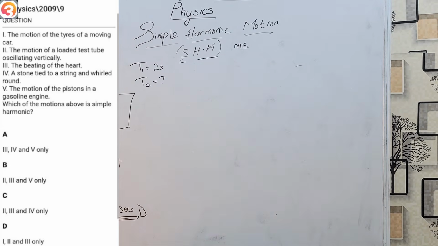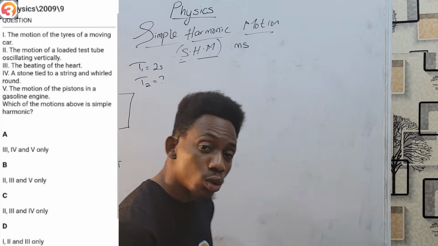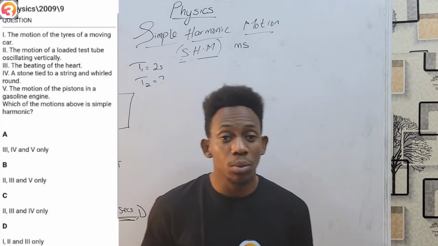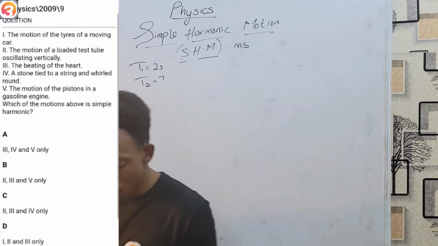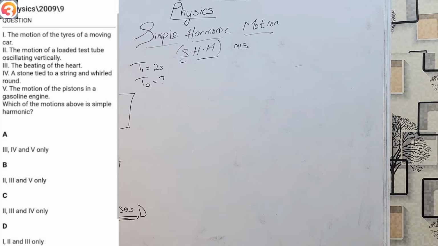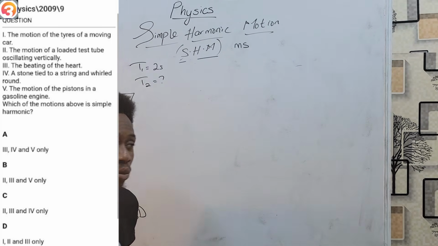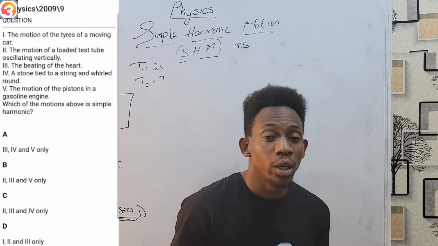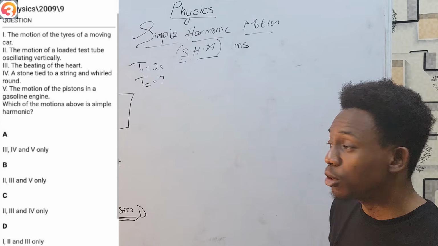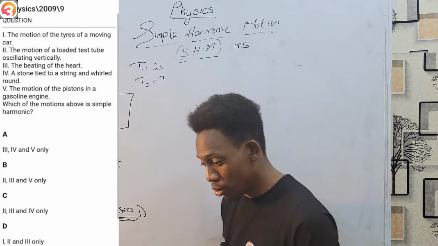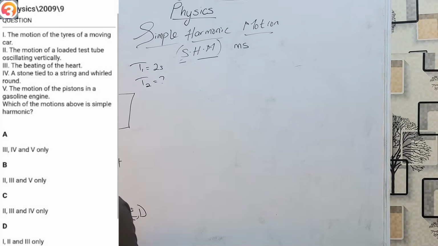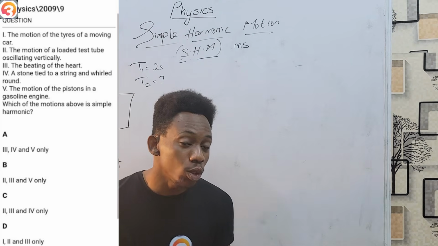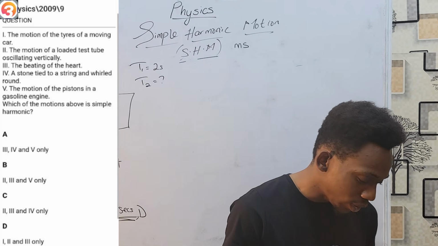Now, for simple harmonic motion, what do you know about it? It must simply be oscillating to and fro, right? And the key thing, which means it is not always vibratory, is that you have to look at the acceleration, which in your definition is proportional to displacement and always directed to the equilibrium point.